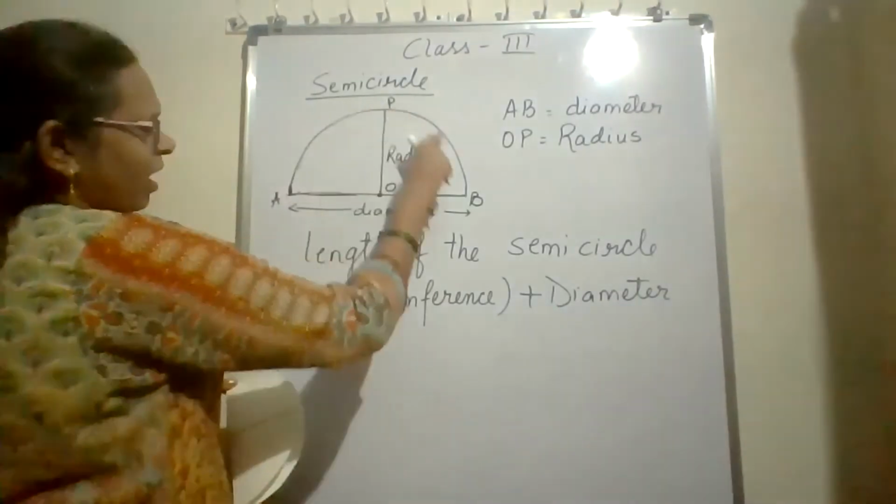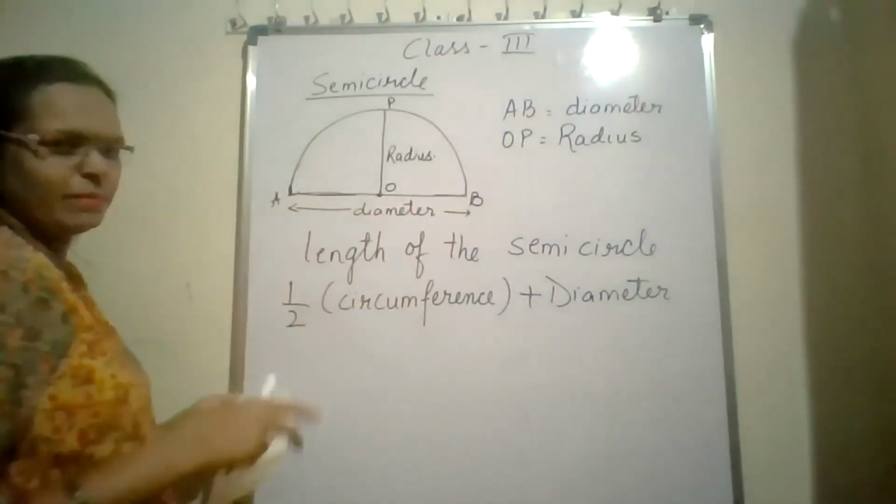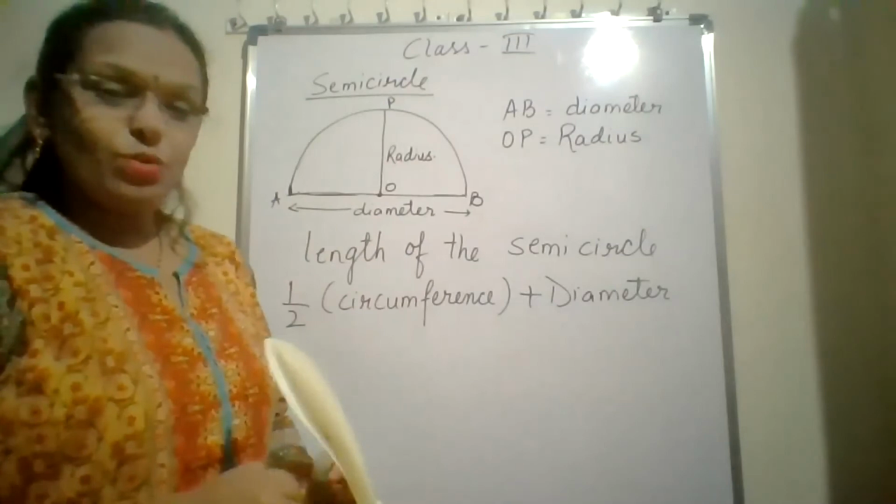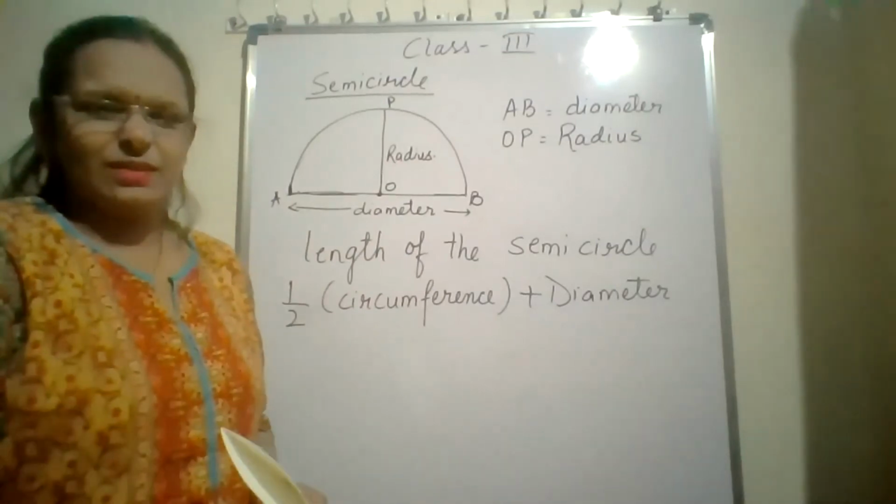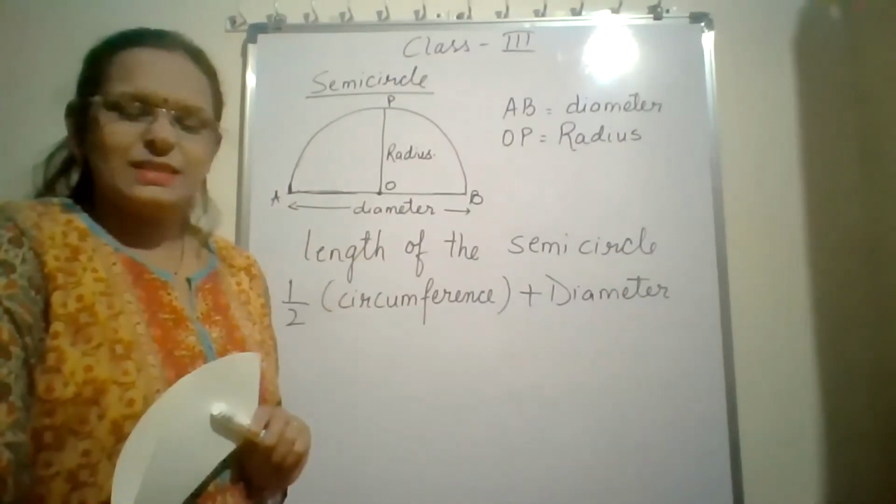So when you add half the circumference of the circle and the diameter, you will get the length of the semicircle. Is that clear?